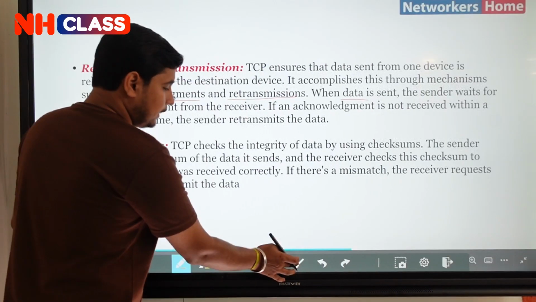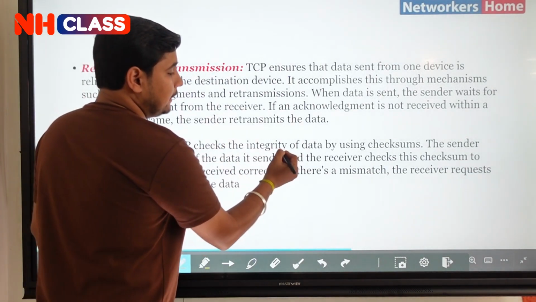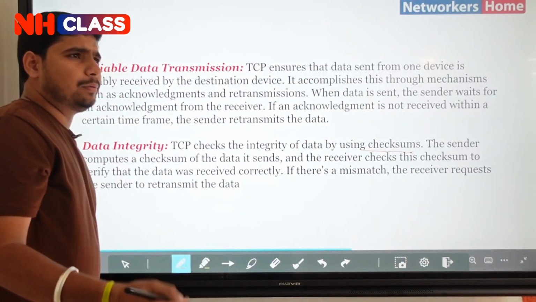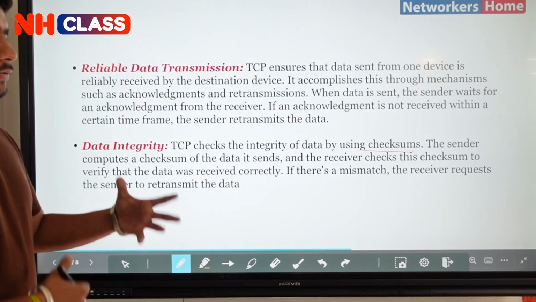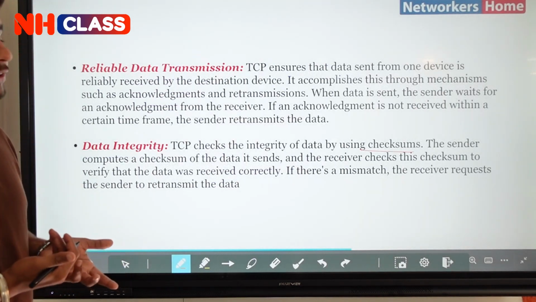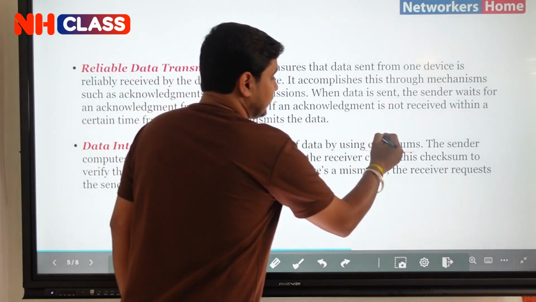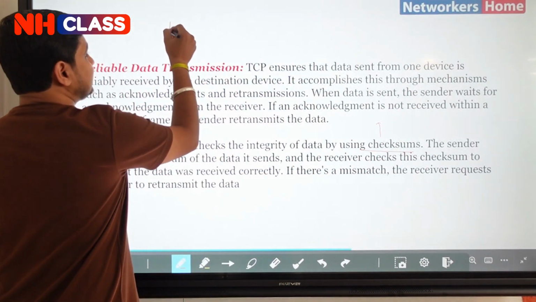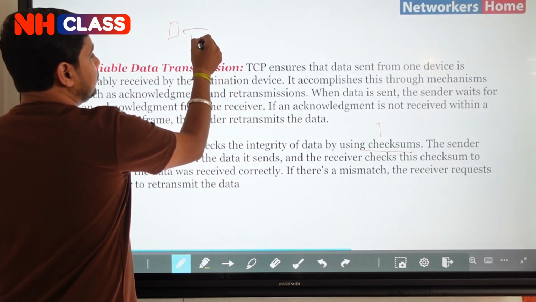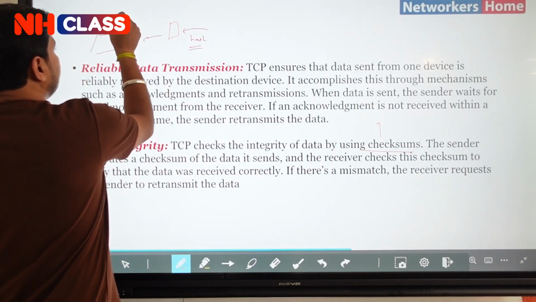Second thing here, again, integrity. TCP checks the integrity of the data by using a checksum. Hope you've heard about the checksum. It works with the help of some hash functions. Let's consider this is the data. On this data, TCP will perform some hash function and will find one checksum value.